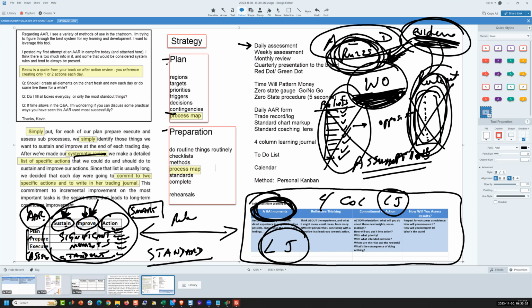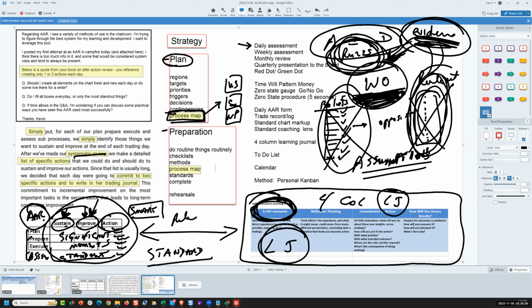Like if I'm going to evaluate my planning process, I have a process map that shows you how I go through and select targets out of 3 categories. The usual suspects, continuations from yesterday, and any new patterns. Those are the 3 categories of targets.